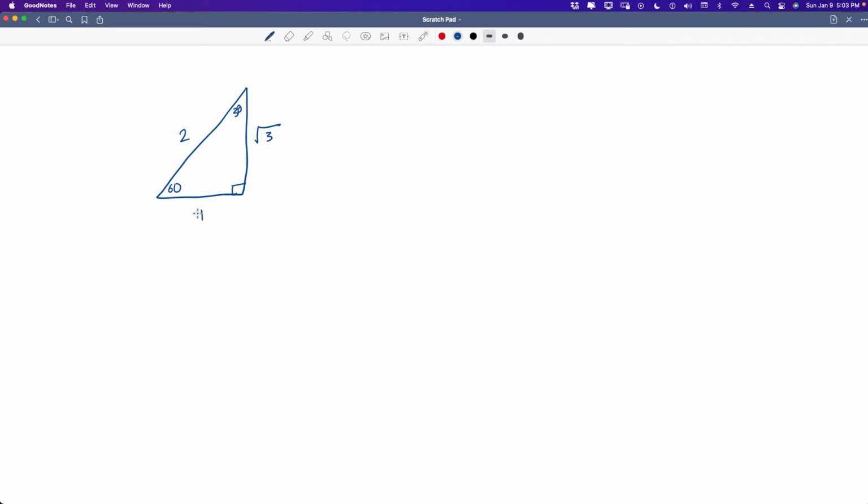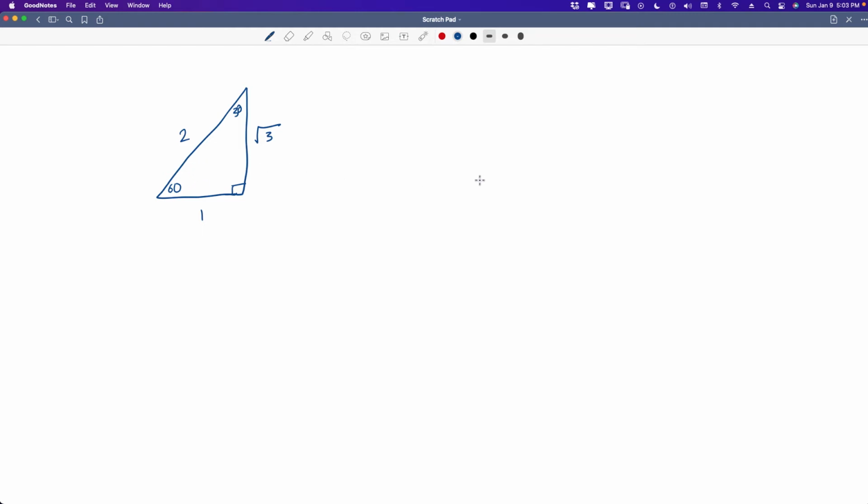These are the dimensions of a 60, 30, 90. So if you have a right triangle with a 60 degree or a 30 degree measure, you can use the scale factor system in order to find the other side lengths of that similar triangle.